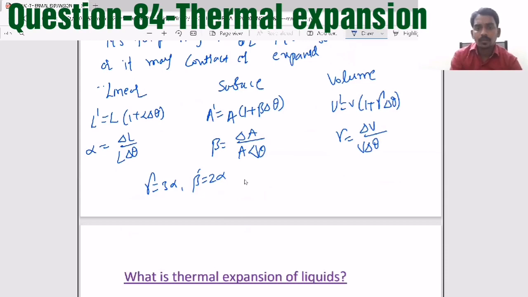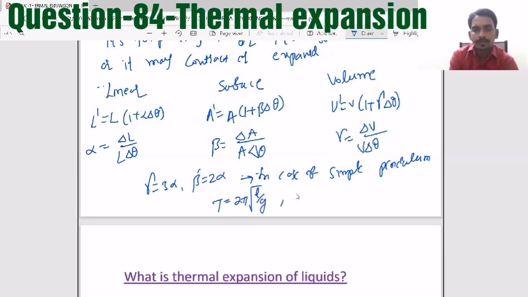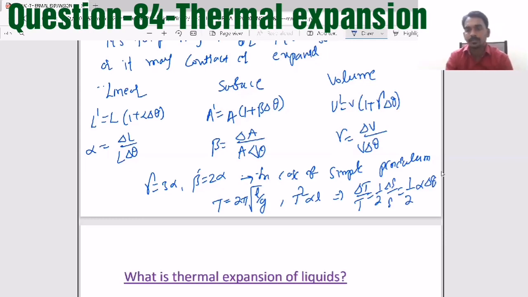And here comes one formula, in case of a simple pendulum, when you increase the temperature. Time period T equals 2 pi root of L by g. So T square is proportional to L. So delta T by T equals half delta L by L equals half alpha delta theta.